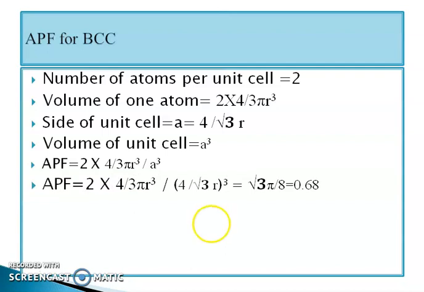Substitute the value of A from above, that is 4 by root 3 R. We get APF, that is atomic packing fraction, is equal to 2 into 4 by 3 pi r cube upon 4 by root 3 R, its cube. And when all the things get cancelled, we are left with root 3 pi by 8, and its answer comes to be 0.68.